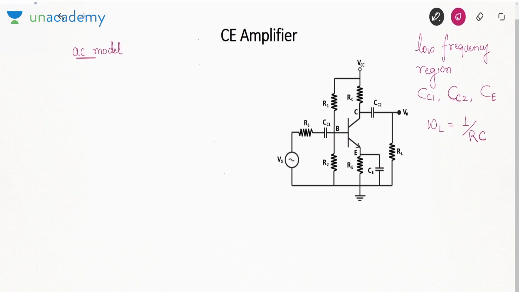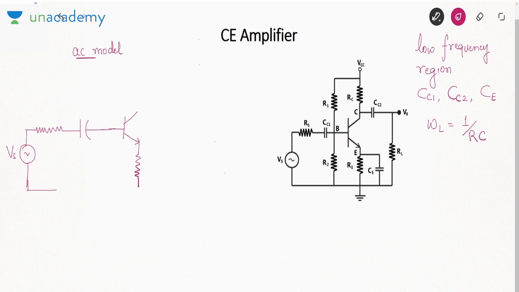For the AC model, now you will not short circuit the capacitor, because we want to see the dependence of gain on frequency, so we don't short circuit the capacitor. Is my point clear? Always remember, we will only short circuit the capacitor when we are talking about the mid frequency region.